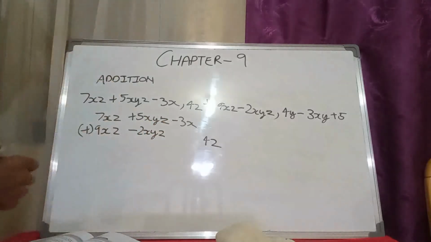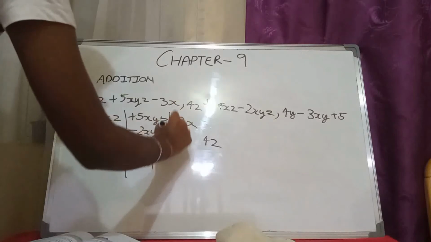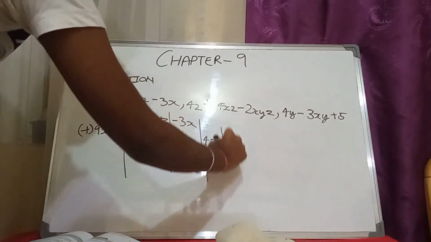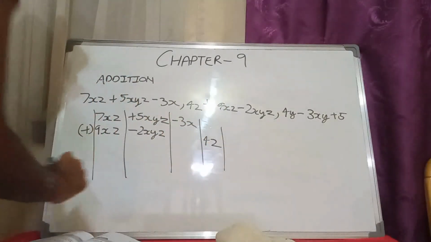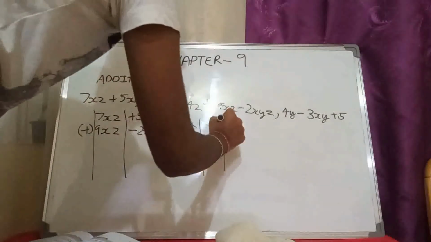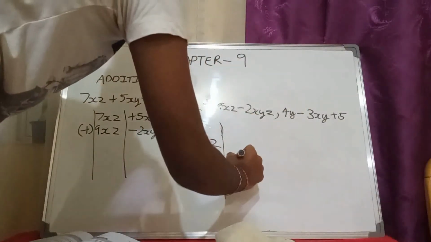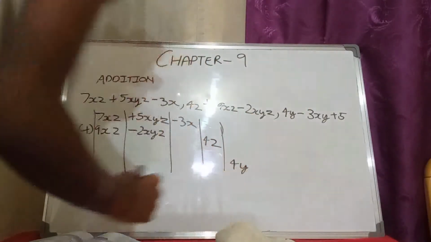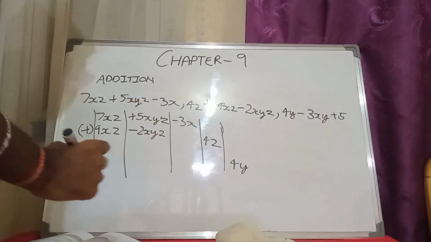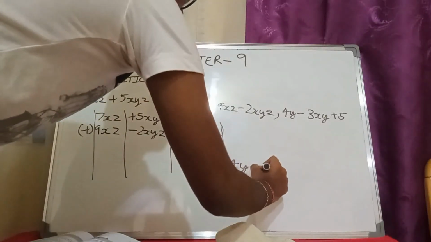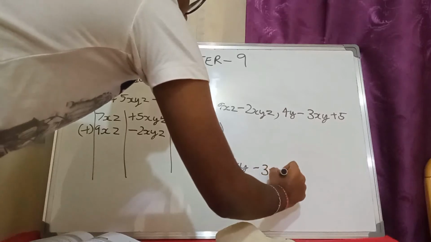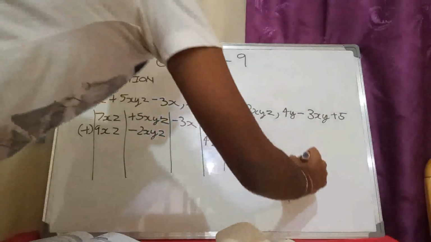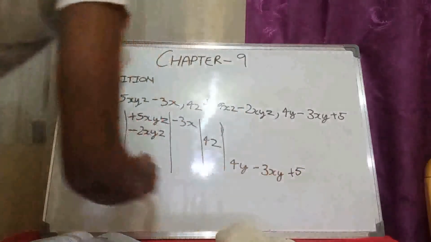So you can see here that we are putting all of these in columns. This is the like terms column. Now 4y doesn't find its place anywhere. Then minus 3xy, also we can't find any place, and then plus 5. Even plus 5 cannot find any place.